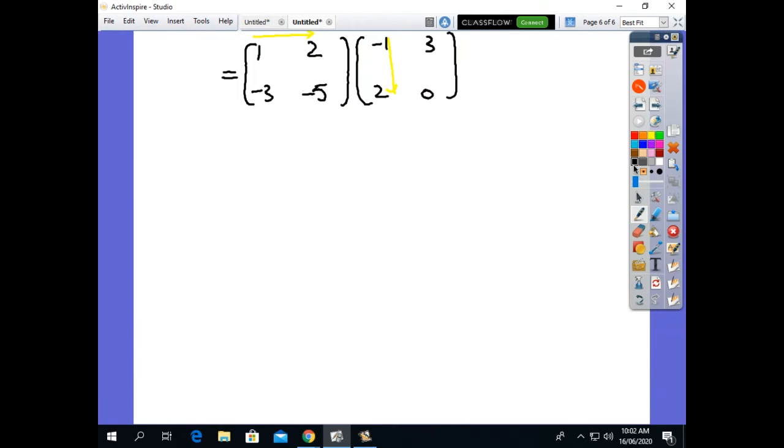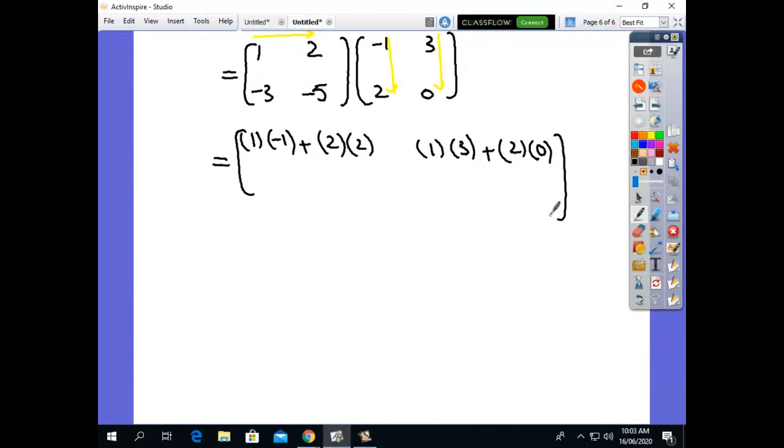We have 1 into -1 plus 2 into +2. Similarly, we multiply the first row with the second column. We have 1 with 3 plus 2 with 0.